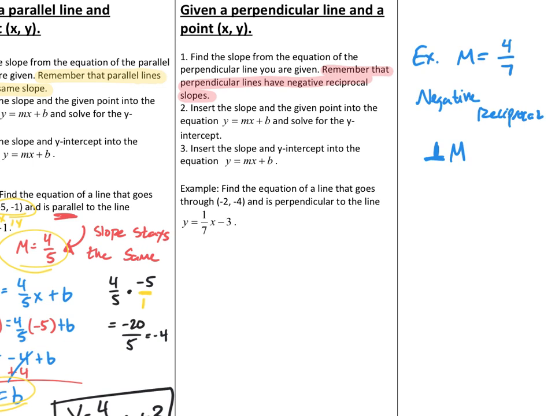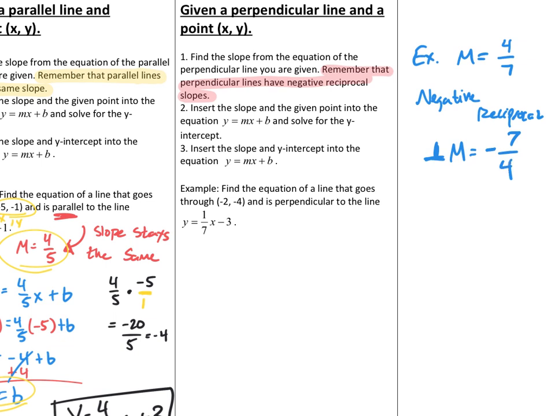Here's what you do for a negative reciprocal. The first thing you do is change the sign. So if the sign was positive, down here it is negative. And then the only other thing you do for the reciprocal is you take the top and bottom and you flip them. So the perpendicular slope here would be negative 7 over 4.